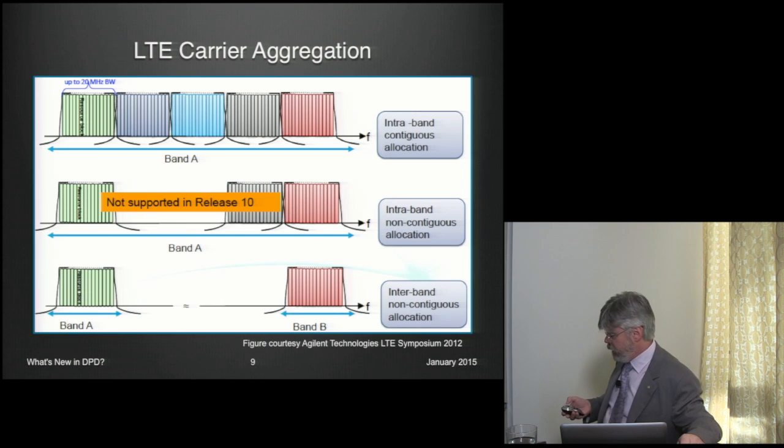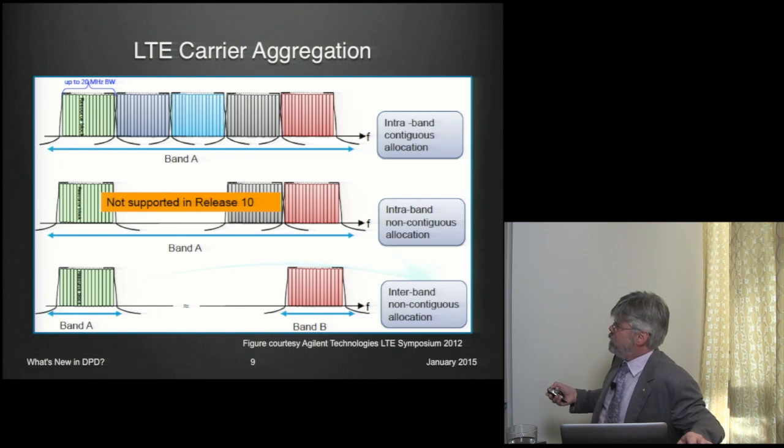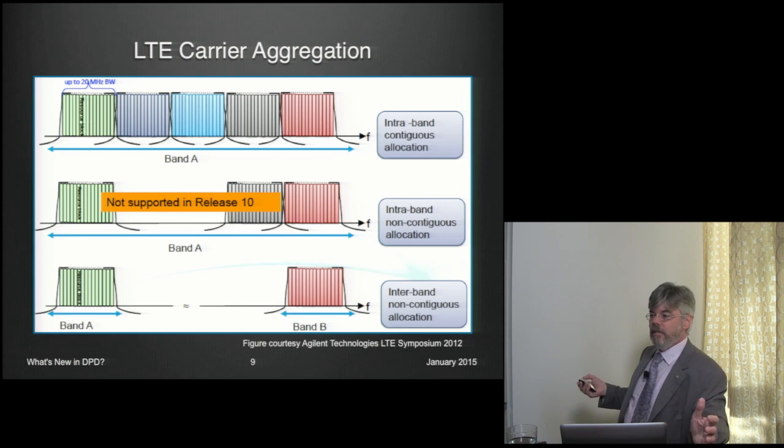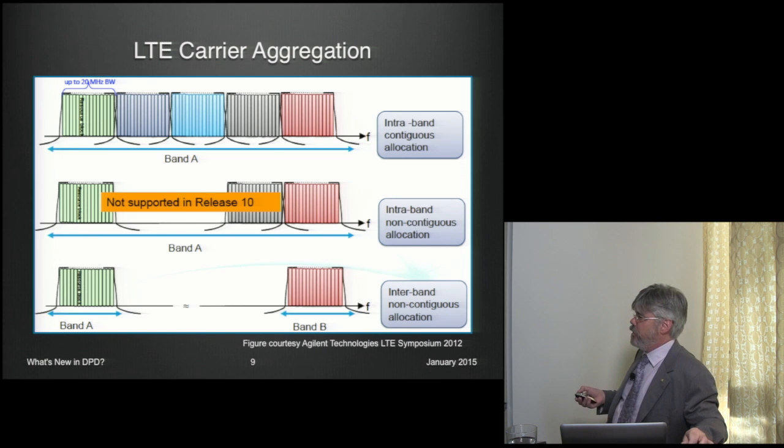As I mentioned, LTE, certainly release 10 and subsequent releases, have a lot of interesting things going on. Release 10, which is, I think, the currently deployed one, allows for up to 5 carriers contiguously in any band to accommodate the amount of data that you may want to transmit.